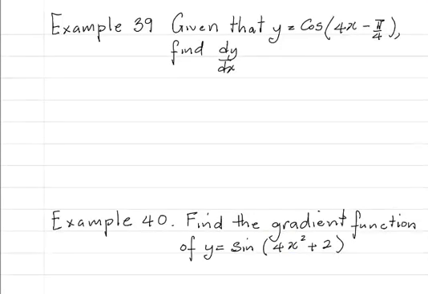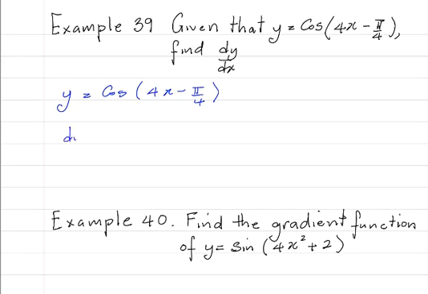Here we're told that y is equal to cosine 4x minus pi by 4. Chain rule again. This is a function inside of a function, and when you differentiate a function inside of a function, you must first differentiate the outside function and then multiply by the differential of the inside function.